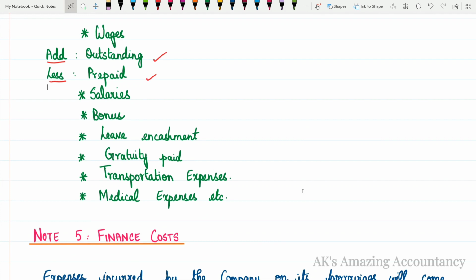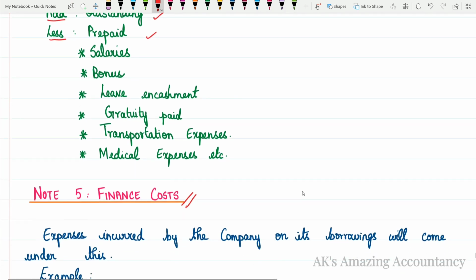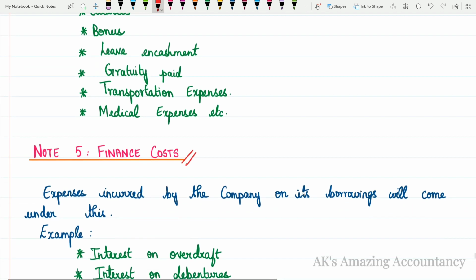Now we have note 5, which is for finance costs. Expenses incurred by the company on its borrowings will come under this note.